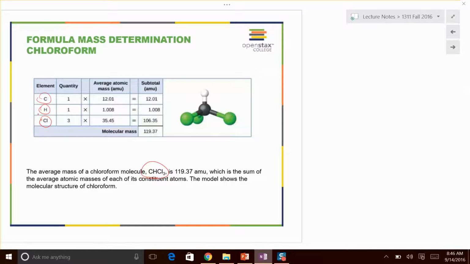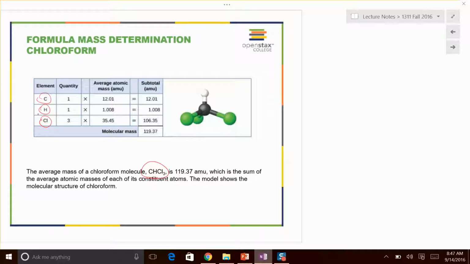Well, I have one carbon, one hydrogen, and 3 chlorines. What is the mass of each of those individually? The mass of a single carbon is 12.011, the mass of a hydrogen is 1.008, and the mass of chlorine is 35.45.